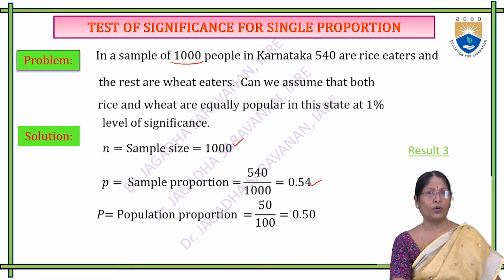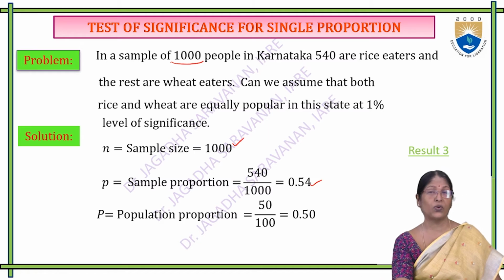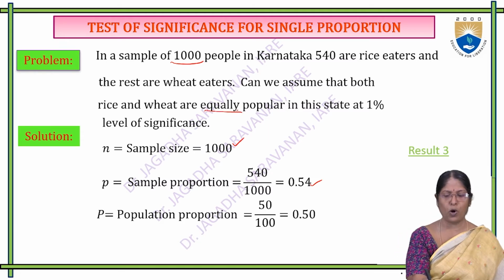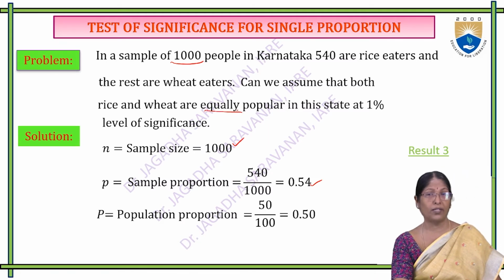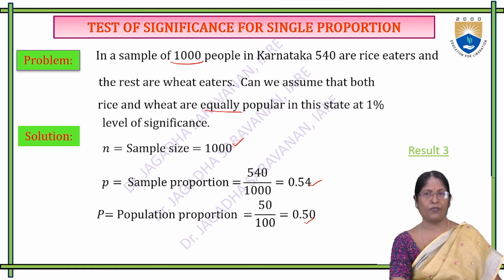Now we have to move to the population proportion. The data is not given, but they said equally popular. Mathematically equally is 50%, that is 50% for wheat eaters and 50% for rice eaters, so in decimal 0.5.